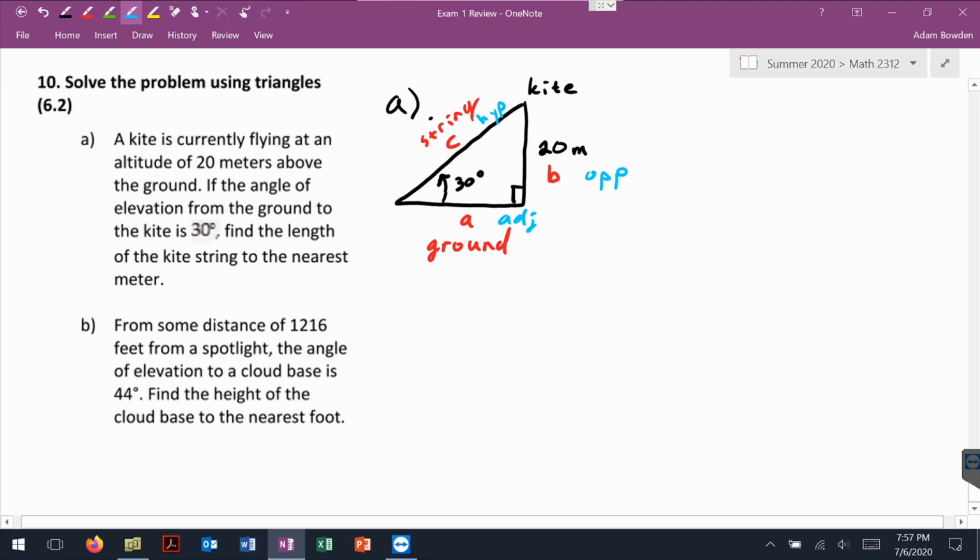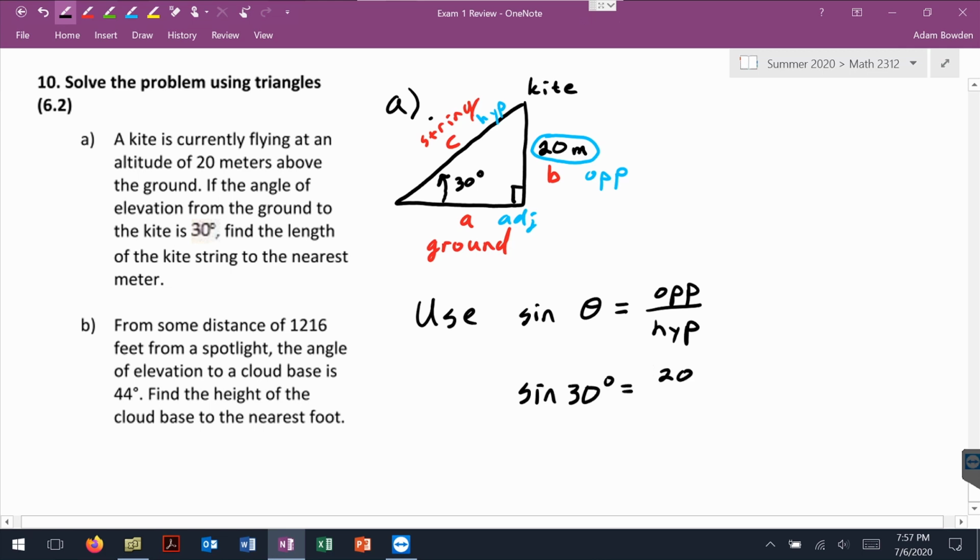And if I'm trying to solve for the hypotenuse, I know the opposite. So what I'm going to use here is the sine, since the sine has the opposite over the hypotenuse. So that would look like sine 30 degrees is the opposite 20 over the hypotenuse C. Now I have to solve for C, so I'm going to multiply both sides by C. C sine 30 degrees is equal to 20.